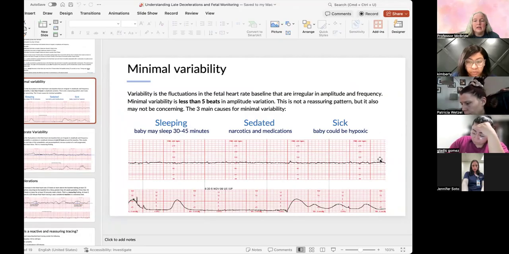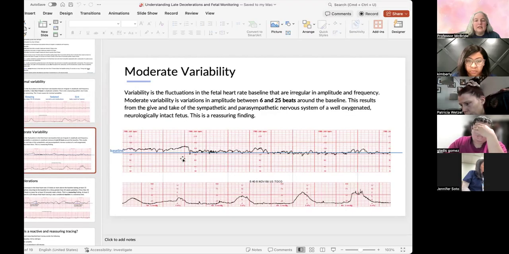That's minimal variability. That's the baby that might be taking a nap, but also might be hypoxic. I'm not sure. I also might have given mom fentanyl and the baby's also kind of sleepy. Moderate variability is the next one I talked about. See how much more squiggly this line is? That's good.